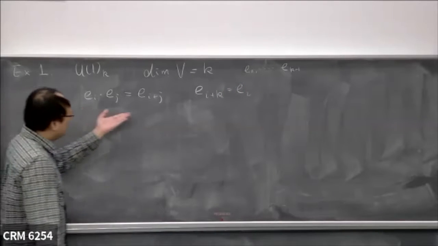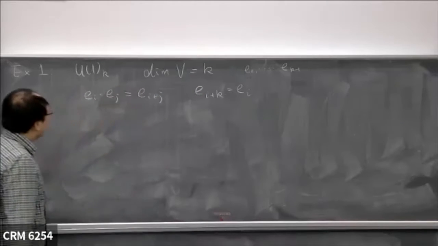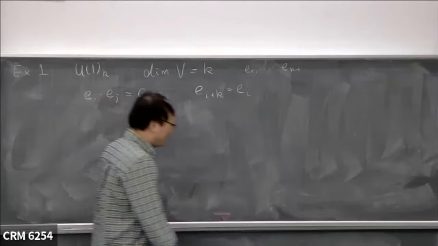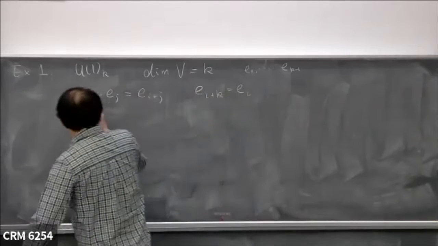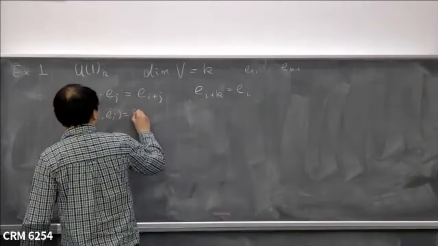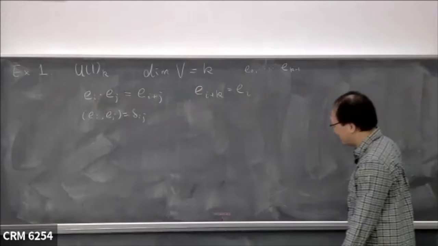So it's easy to check that indeed this is a K-dimensional algebra, and it's a very simple algebra. Furthermore, the inner product of E_i and E_j equals delta_ij, and this will make it a Frobenius algebra.